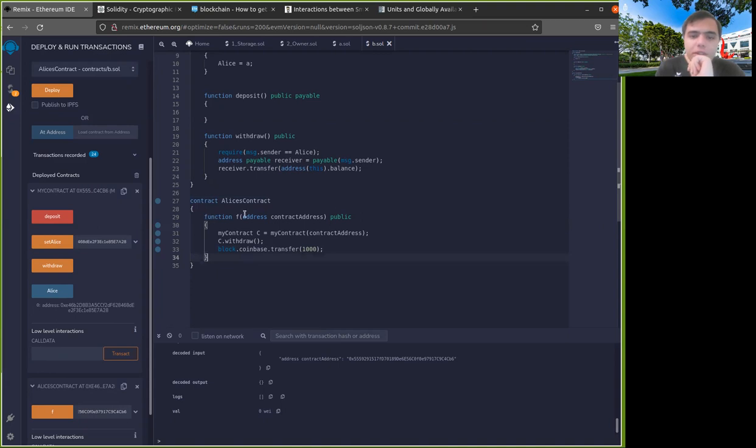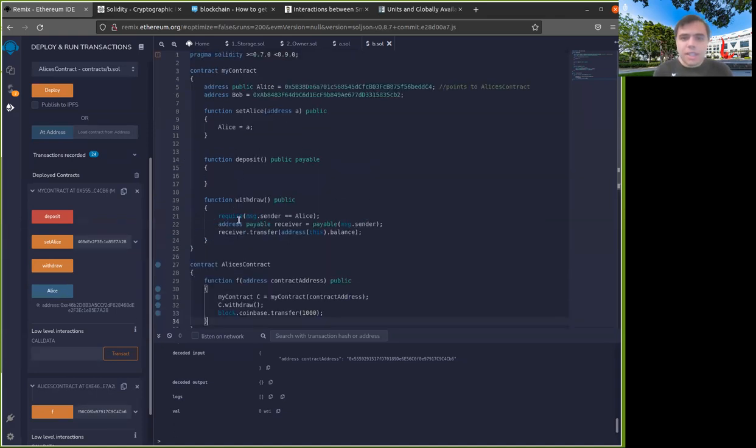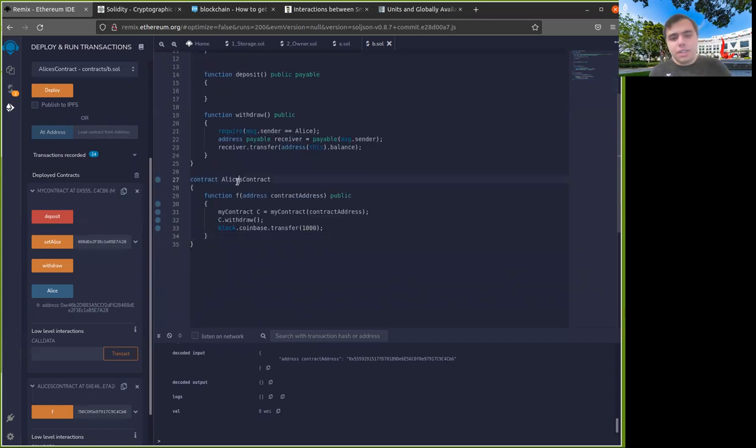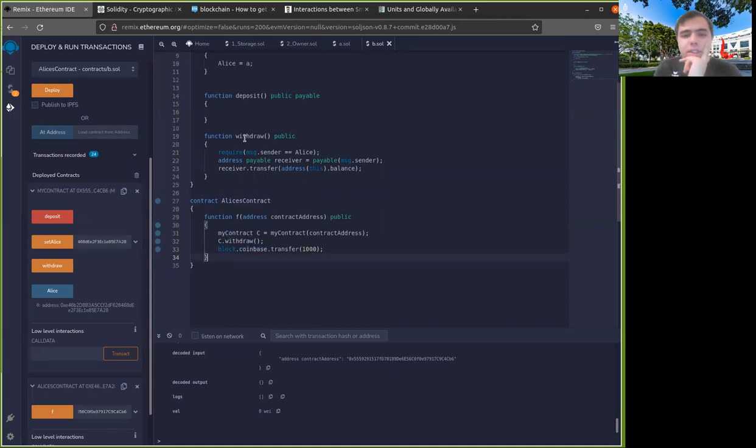If I call this function f, suppose that I'm the real-world Alice, and I'm taking part in this contract not using my real-world identity, but using the identity of this other contract that I've written. Now, instead of directly calling the withdraw function in the original contract, I can call this f function in this auxiliary contract.